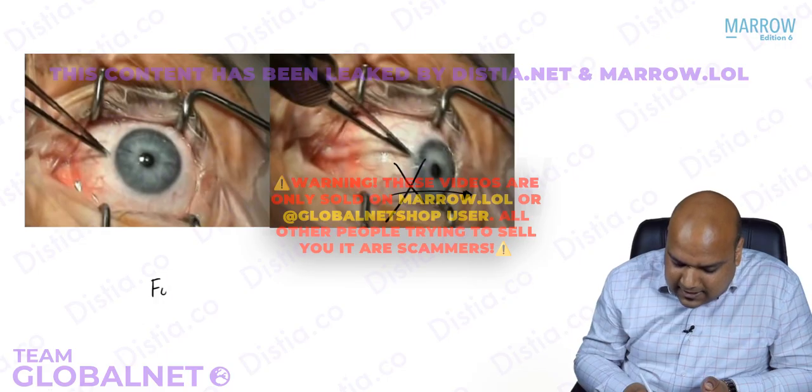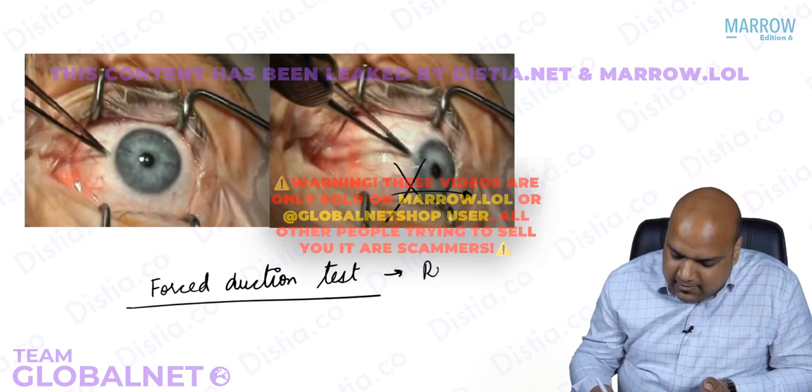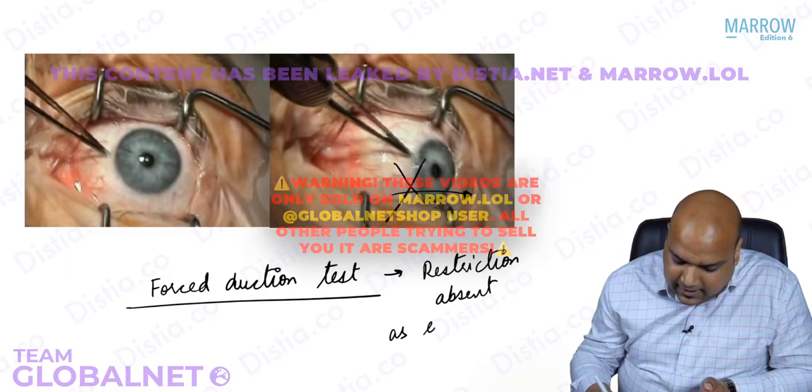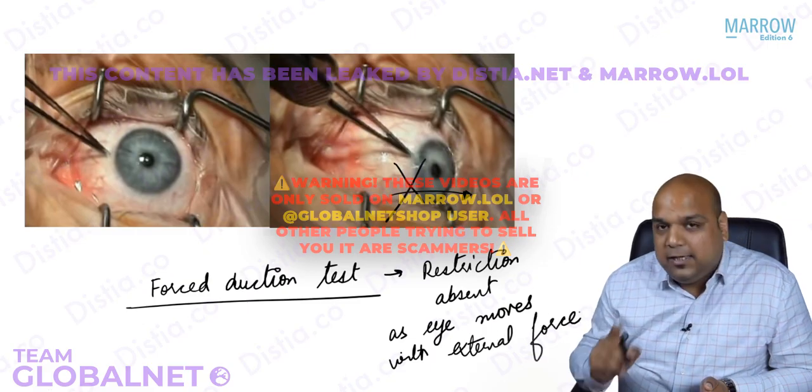So this is an example of forced duction test, okay, in which restriction is absent as eye moves with external force. Am I making myself very clear here, everybody?